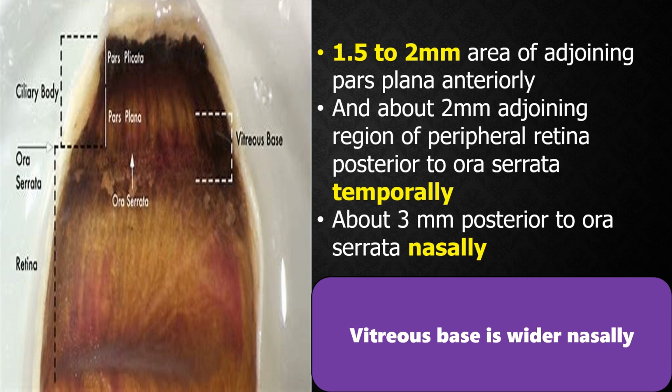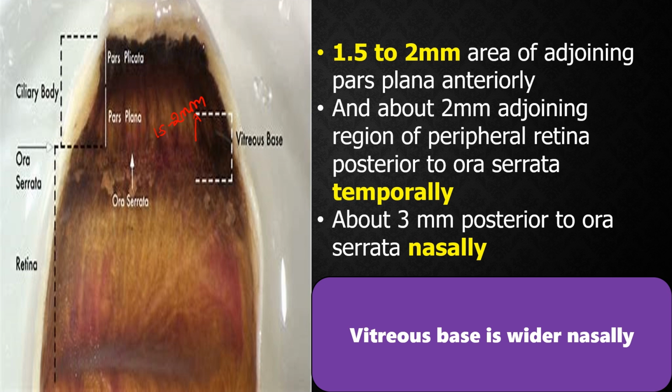Now, if you actually have to go into the details of the vitreous base, you will notice that anteriorly, the vitreous base extends to about 1.5 to 2 millimeters into the pars plana region, whereas posteriorly, it actually extends to about 2 millimeters to 3 millimeters.